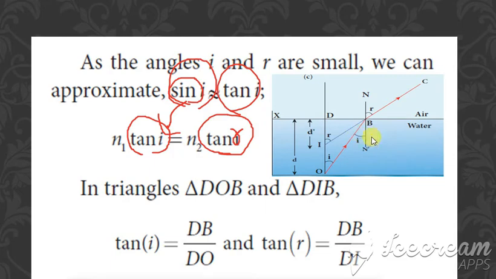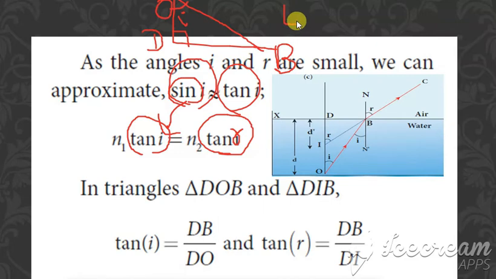Then considering the triangles DOB and DIB. First consider the triangle which is right angled at the point D. Here we have the point O and here the point B, and here is the angle of incidence I. Now from this triangle we are going to find the value of tan theta, which here is tan I. What is the formula for tan theta?